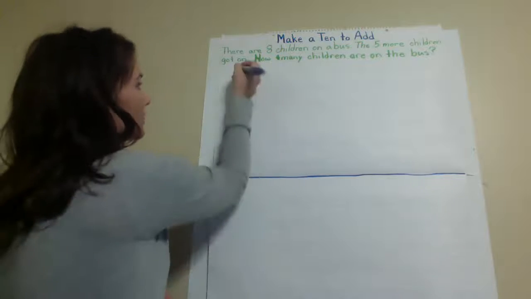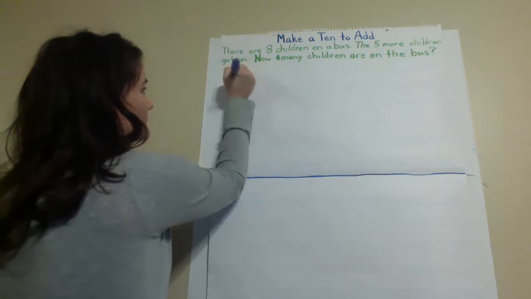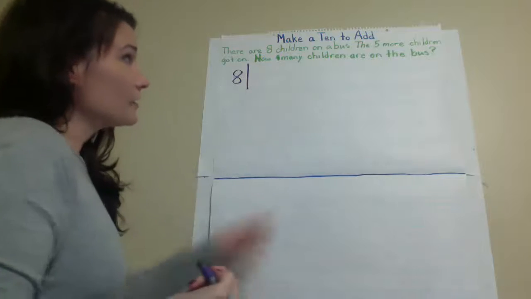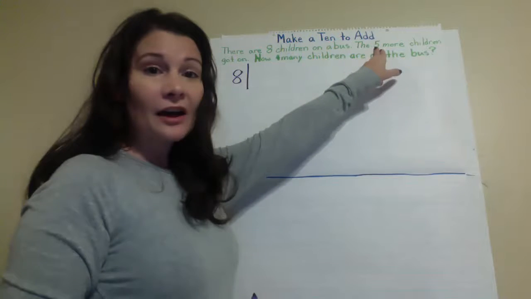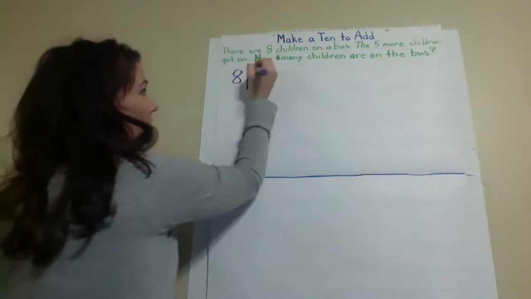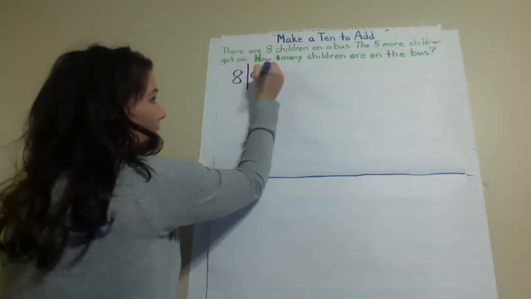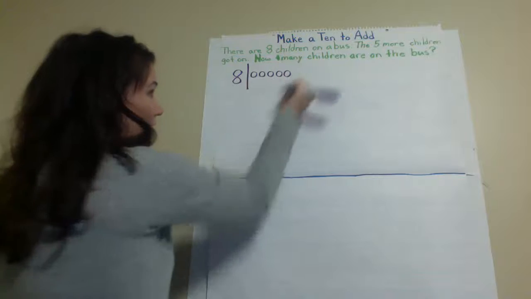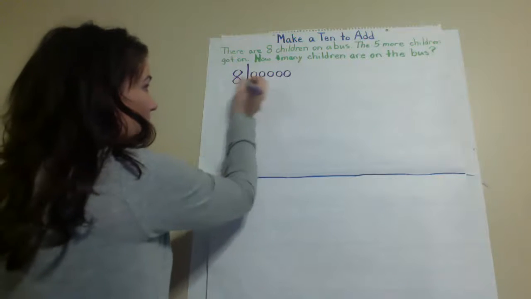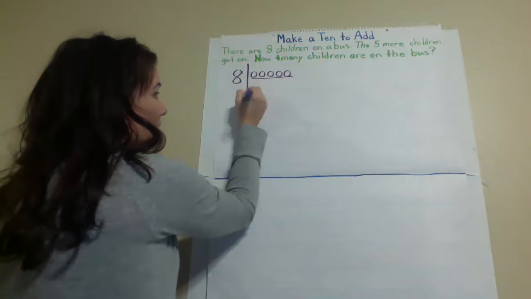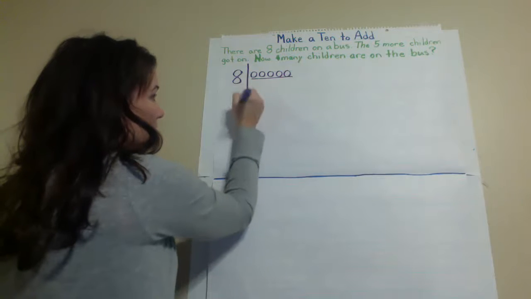So they started with the number 8. Then they counted on 5 more. So 8, 9, 10, 11, 12, 13. So 8 and 5 more gave them 13.